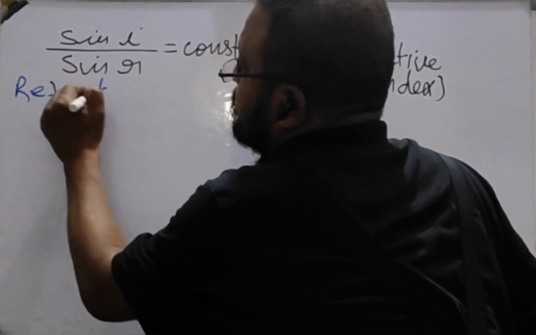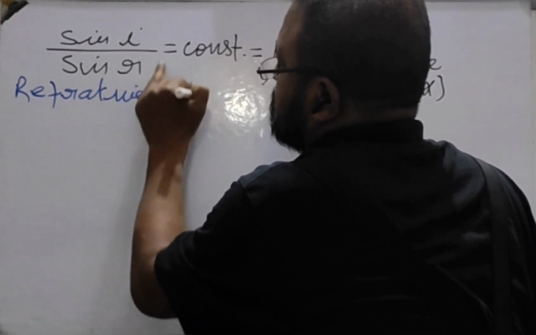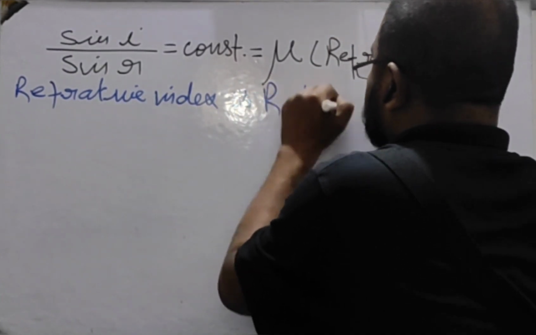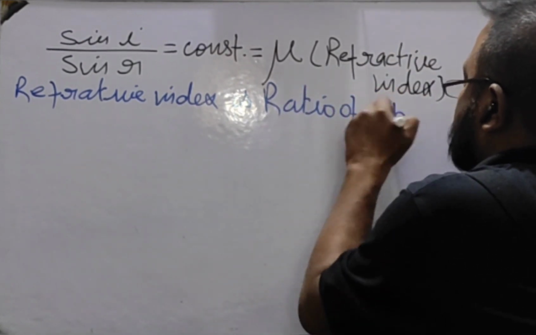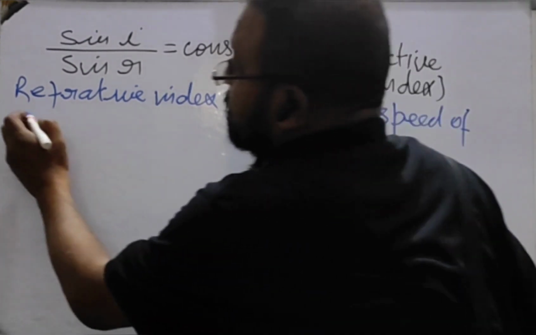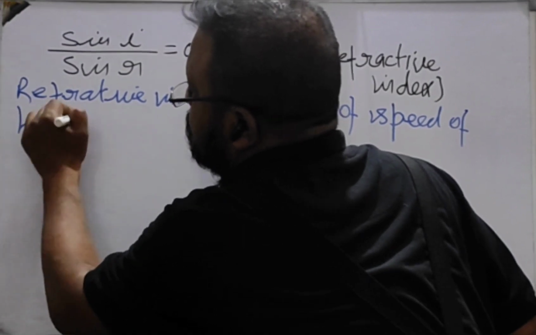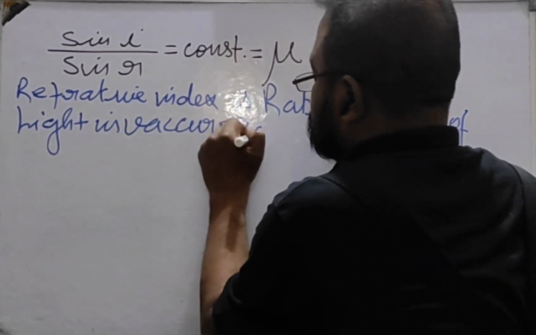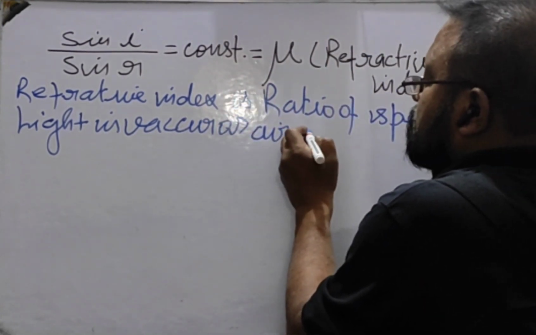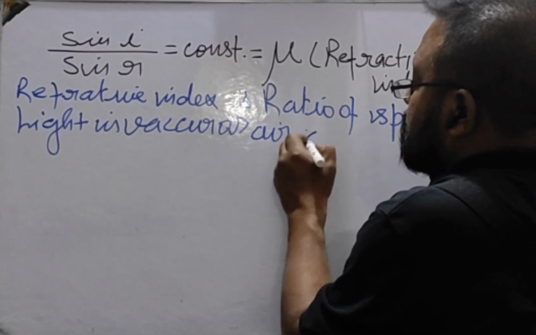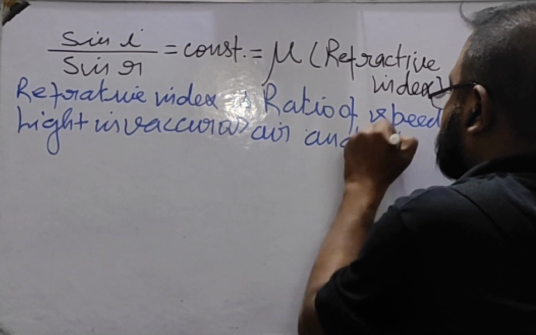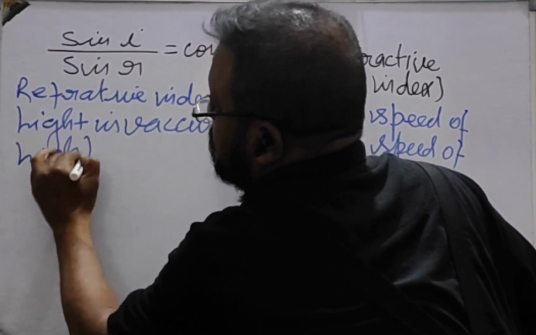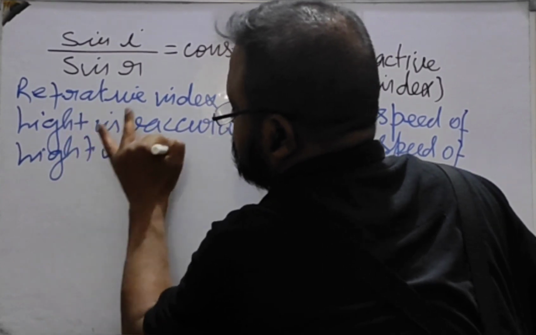Refractive index is the ratio of speed of light in vacuum or air and speed of light in medium, right?